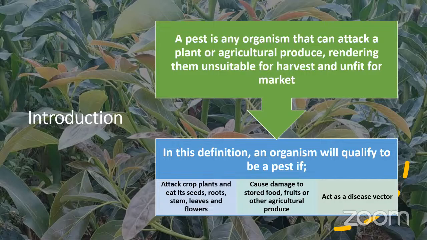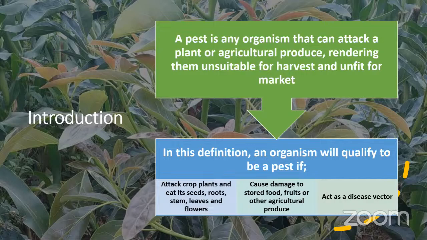Under this definition, an organism will qualify to be a pest if, number 1, it attacks crop plants and it eats seeds, roots, stems, leaves, and flowers. So any organism which will attack our plants and does damage to the plant parts qualifies to be called a pest.